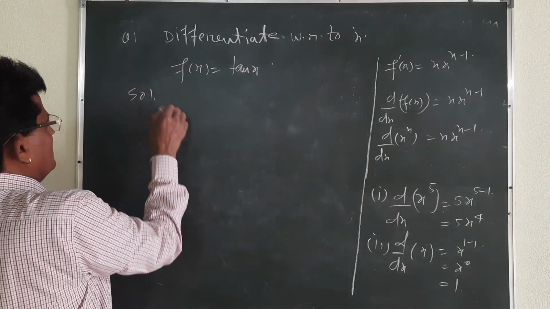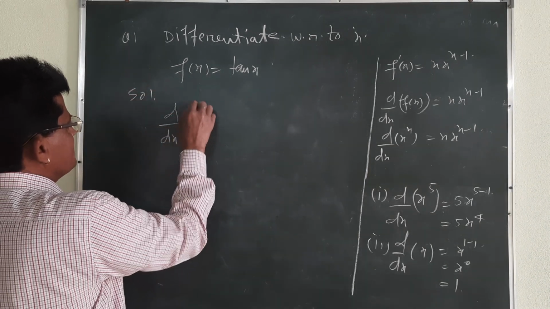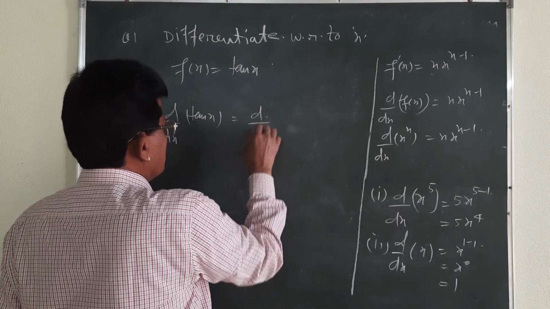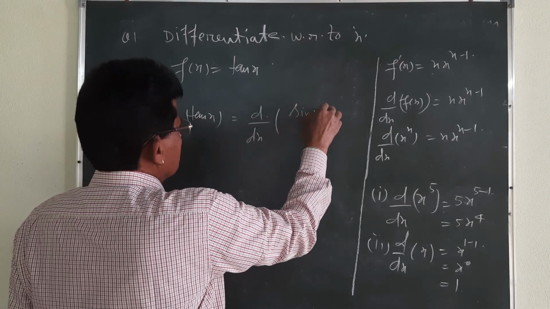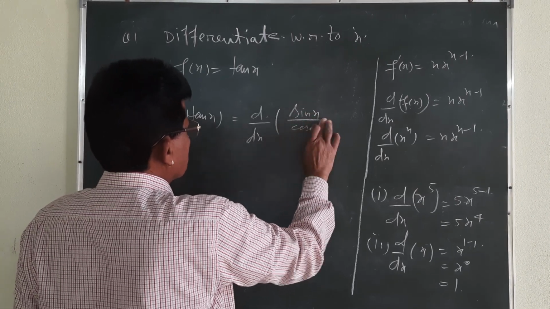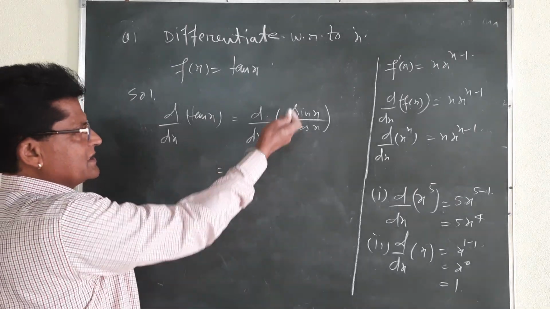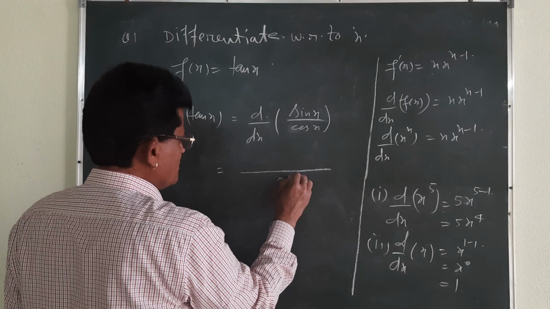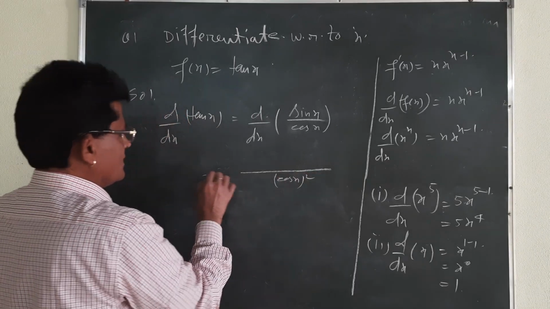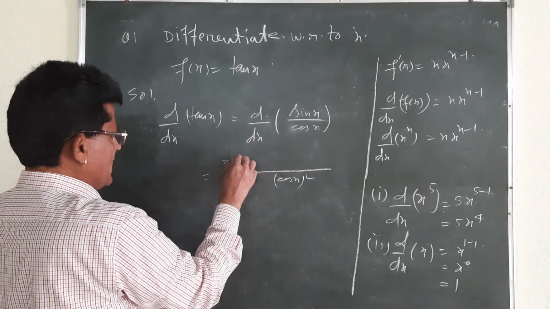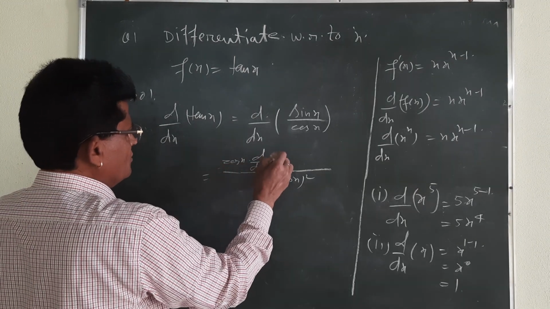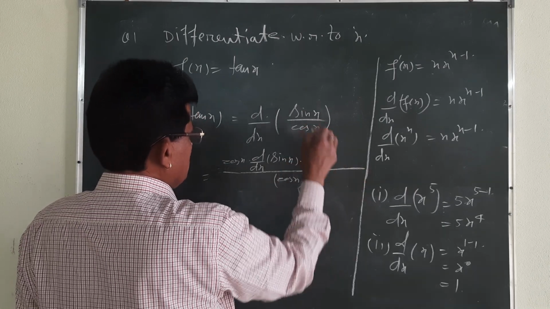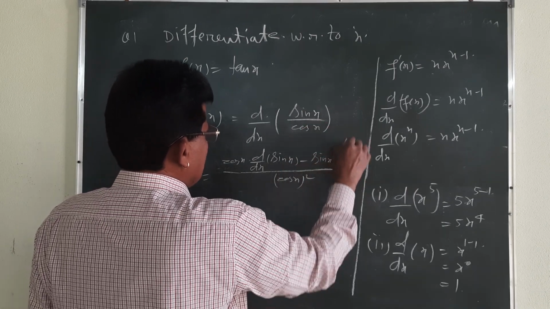d upon dx of tan x. You differentiate, and tan x you can change into sin x upon cos x. I told you already, this is the quotient form. Numerator f x, denominator g x square, so cos x whole square you take in the denominator. Then derivative of the numerator, sin x, that is cos x, minus the numerator as it is, and the derivative of the denominator.